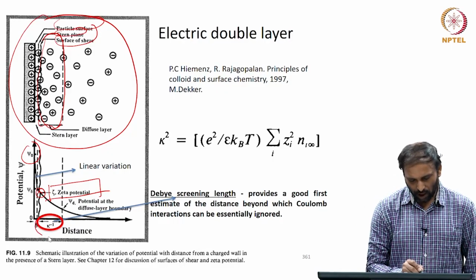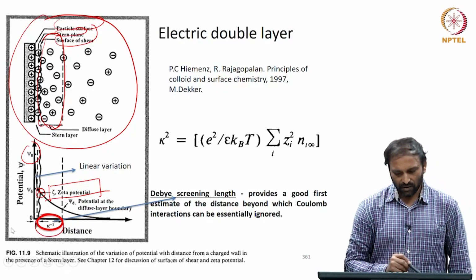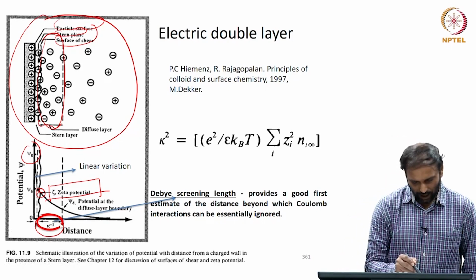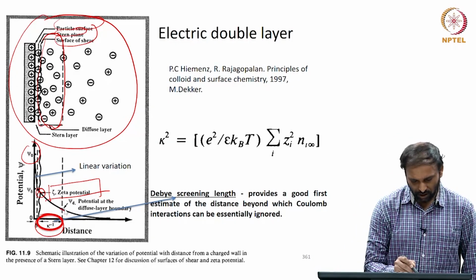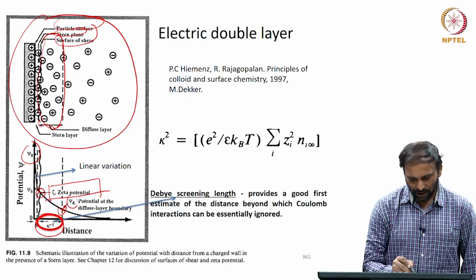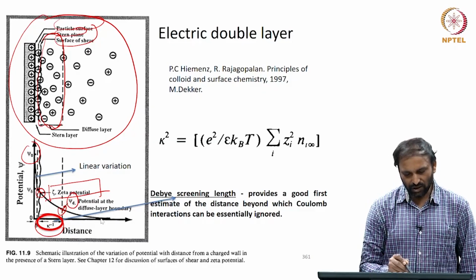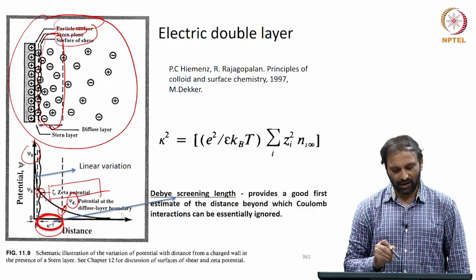and what is also marked is K inverse, which is the Debye screening length, and at K inverse the potential is typically denoted as psi d, that is the potential at the diffuse layer boundary.